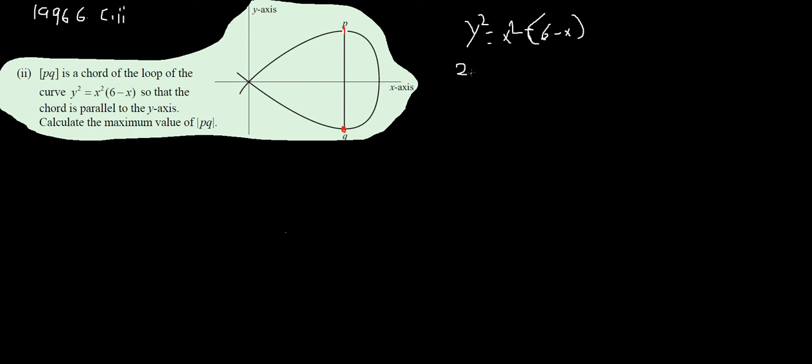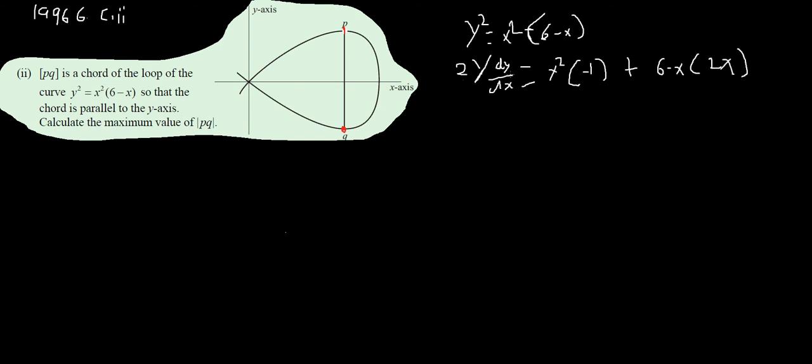You have 2y times the derivative of the inside, which is dy dx, is equal to, this is a multiply, so it's product rule, so it's x squared times the derivative of this inside, which is minus 1, plus 6 minus x times the derivative of x squared, which is 2x.